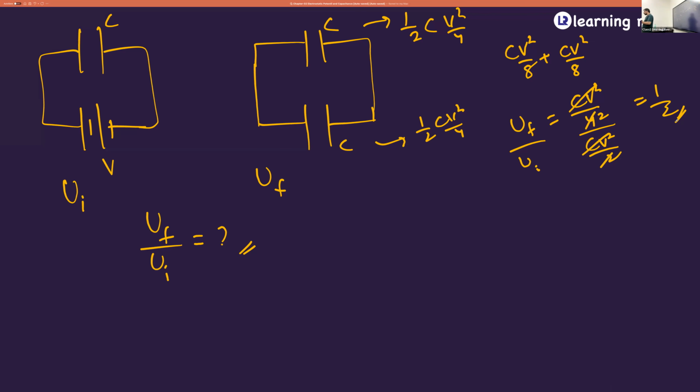Why I'm telling this is if you find a similar kind of problem in MCQ, if they ask what is the ratio, you can just go with it. So U final by U initial is half. U initial by U final will be 2. So be careful with what they're asking in the option. Okay. So is that point clear?